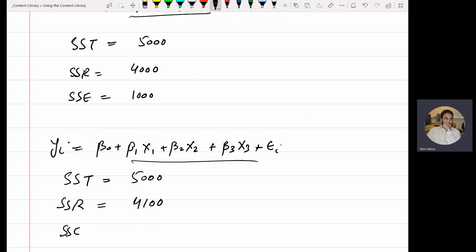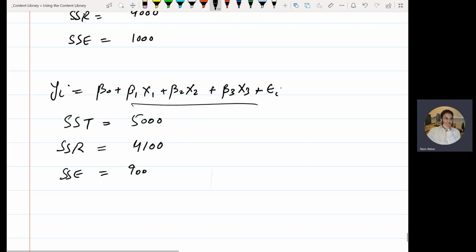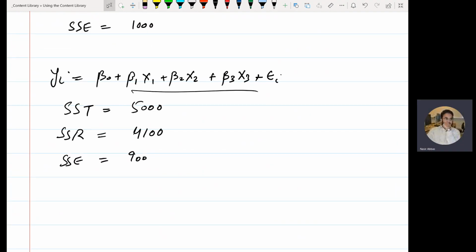And accordingly, SSE will be 900, correct? What is the marginal contribution of x3 when x1 and x2 were there in the model? 100. This is called the extra sum of squares brought by the new variable.